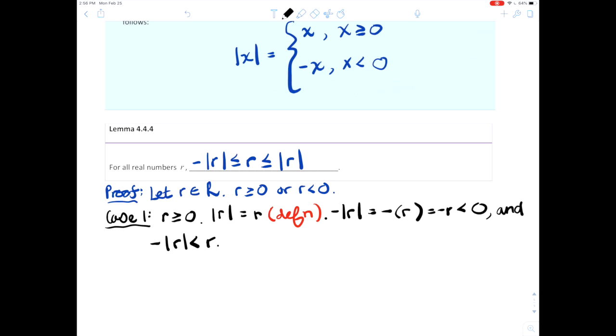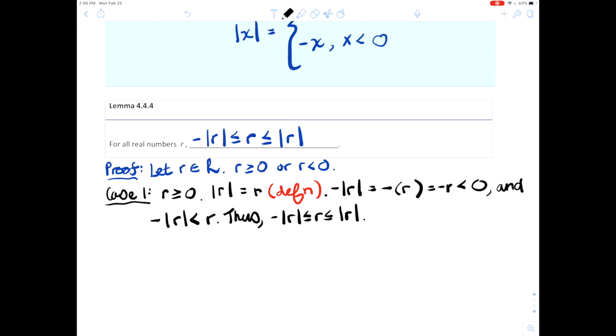So what do you think? I think we showed it. Thus, negative absolute r is less than or equal to r, which is less than or equal to absolute r.